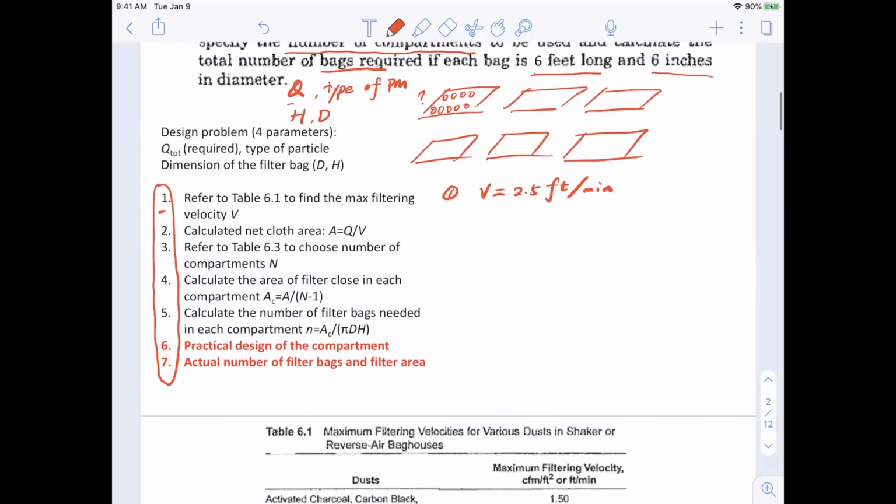Okay. So with this information, we can calculate the required area of our baghouse filter system, because the flow rate is already provided. The flow rate divided by the filtering velocity will be the entire area of the baghouse filter.